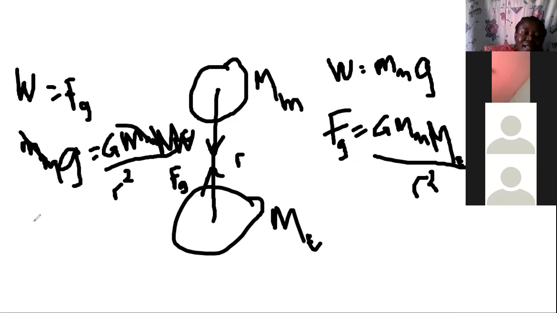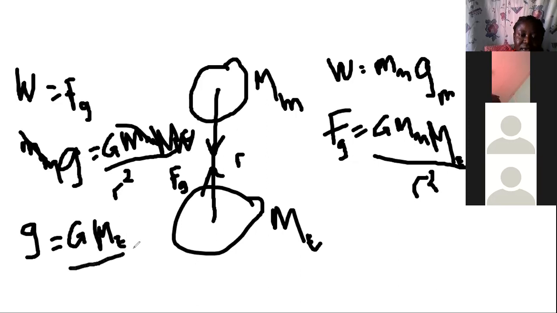So then we can get the gravitational acceleration on the moon. The pulling force is this one, so the gravity over that equals G, the mass of the moon cancels out, times the mass of the earth, divided by the radius squared.